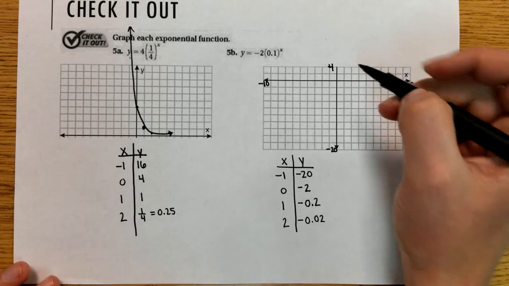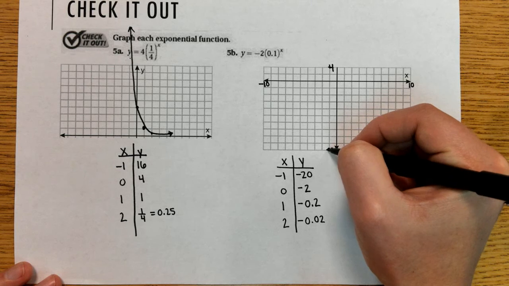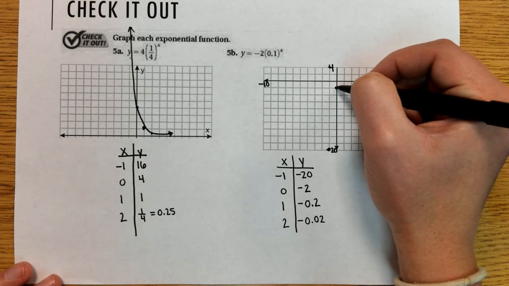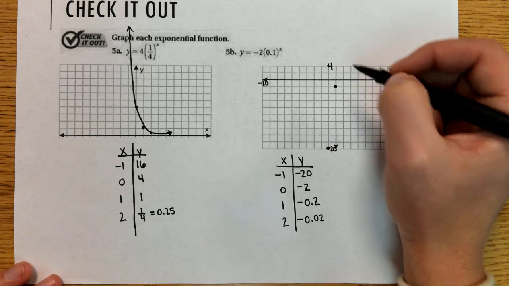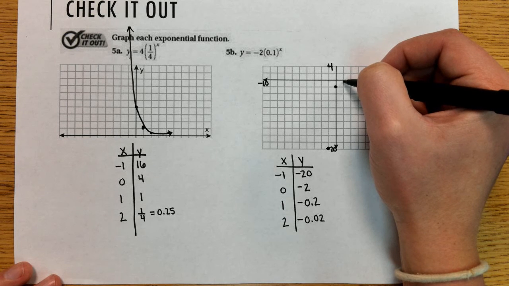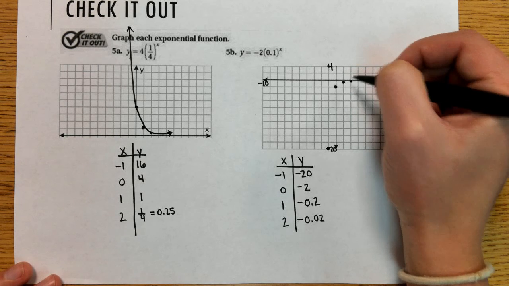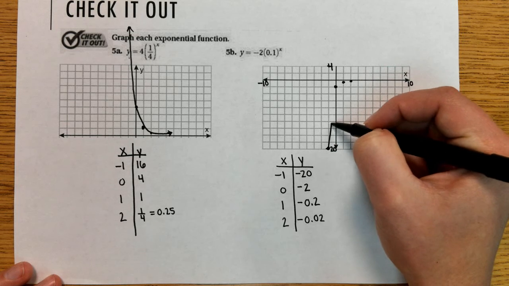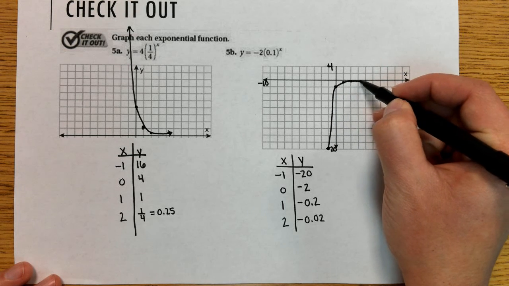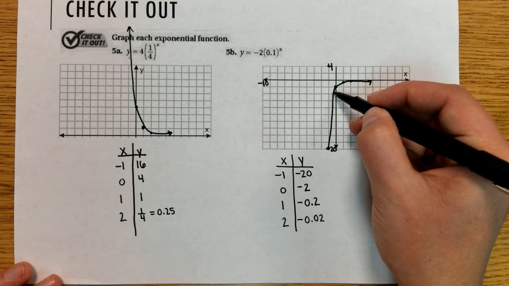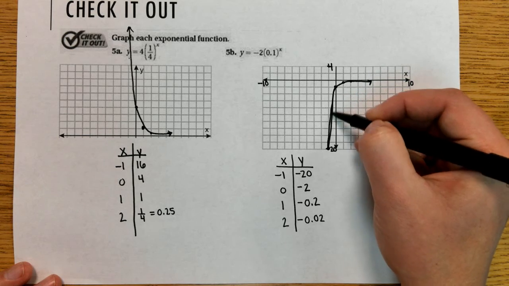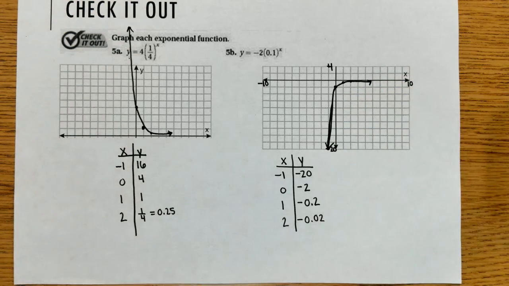So negative 1, negative 20 is all the way down here. 0, negative 2, and then 1, negative 0.2, and these guys are going to get closer and closer. So my graph is going to get really close to that x-axis pretty quickly. And I didn't do the best job of drawing that curve. I apologize. So your exponential function will look similar to that.